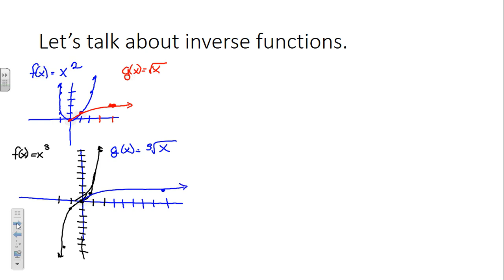And the cube root of negative 8, then we can go out here. And we know they're inverses of each other because they're reflections across the line y equals x, right? So basically all we're doing is switching the x and y coordinates around and getting the inverse. So far so good? Okay, now let's think about what happens with sine.